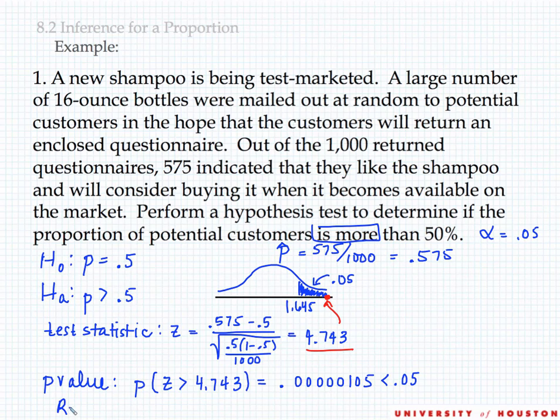So in this case, we will be rejecting the null hypothesis. Our conclusion statement would say that we have overwhelming evidence to reject our null hypothesis, which states the population proportion is 50%, and conclude that the proportion of potential customers is more than 50%.